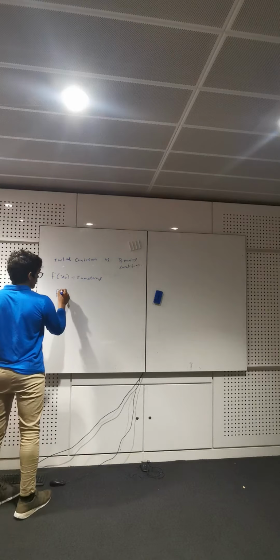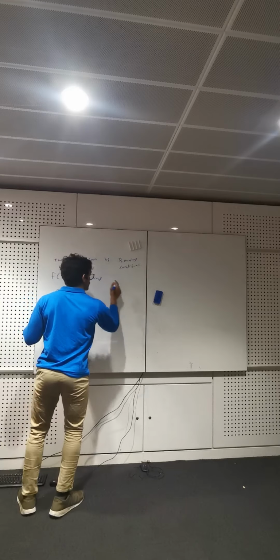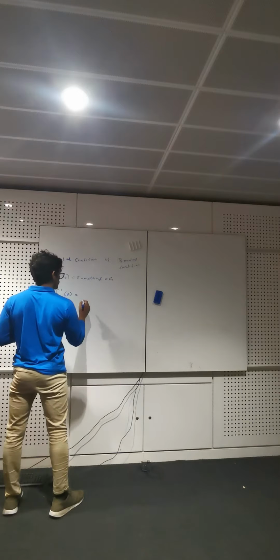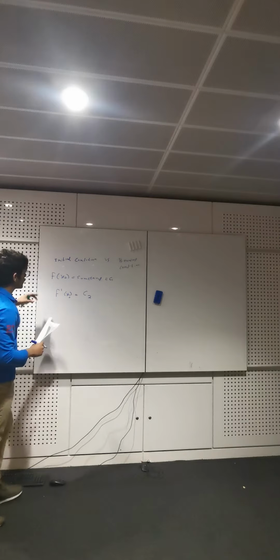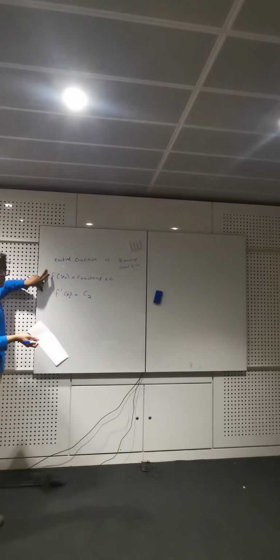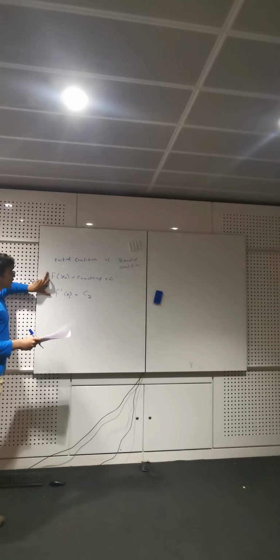Once we go to the second derivative, imagine the second derivative at x naught is equal to c1, some value, and f at x naught is equal to c2. These are two initial conditions for those theories to work, because for the second order differential equation we need two initial conditions.